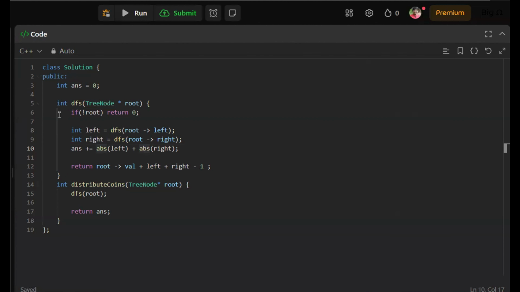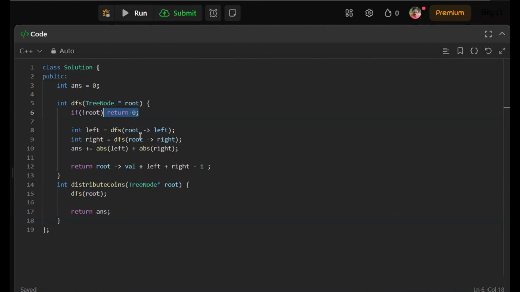Now here, the code is pretty simple. At first, we are given a function named distributeCoins, which has root as a parameter. Now, we are calling a DFS function on the root, and inside the DFS function, if the root is null, we have to return 0.